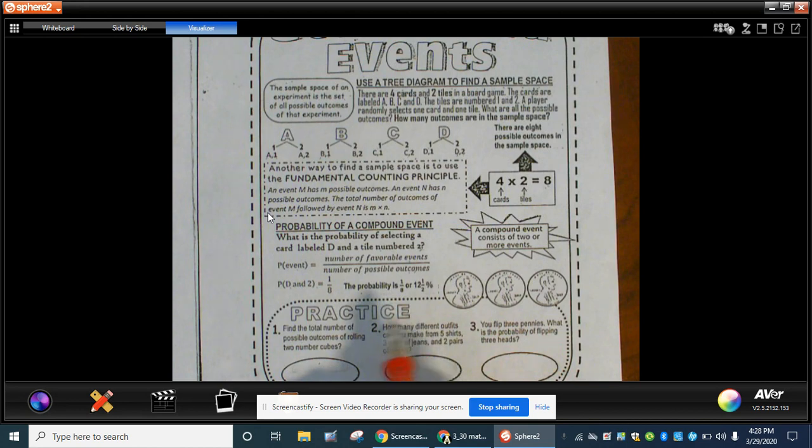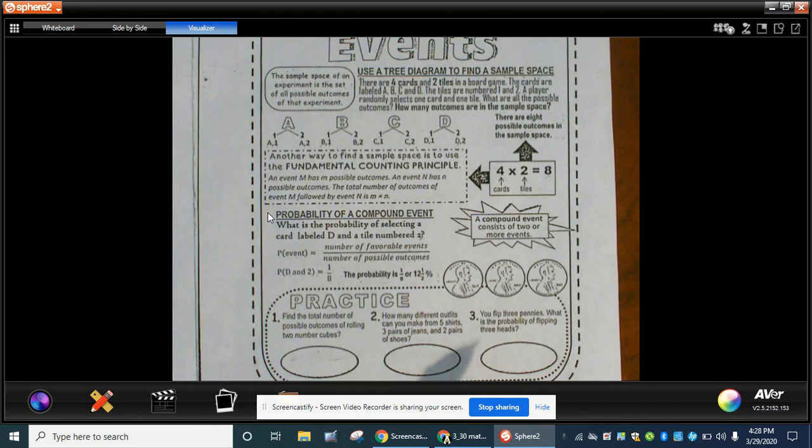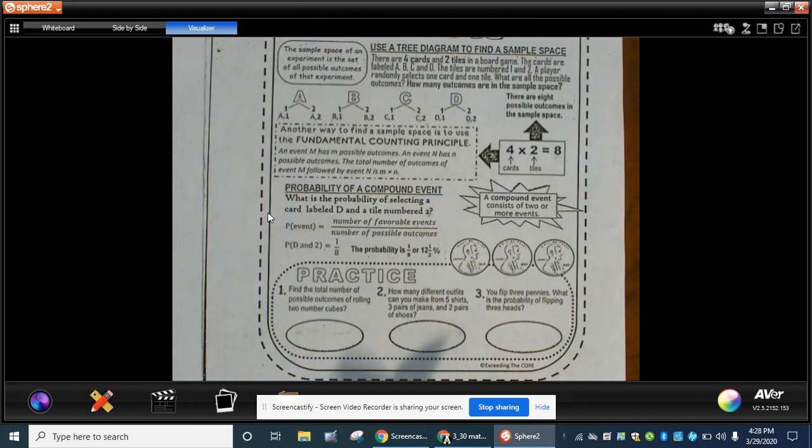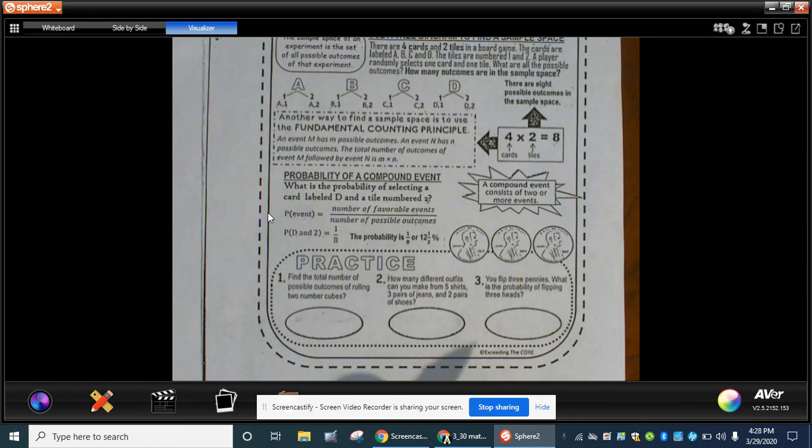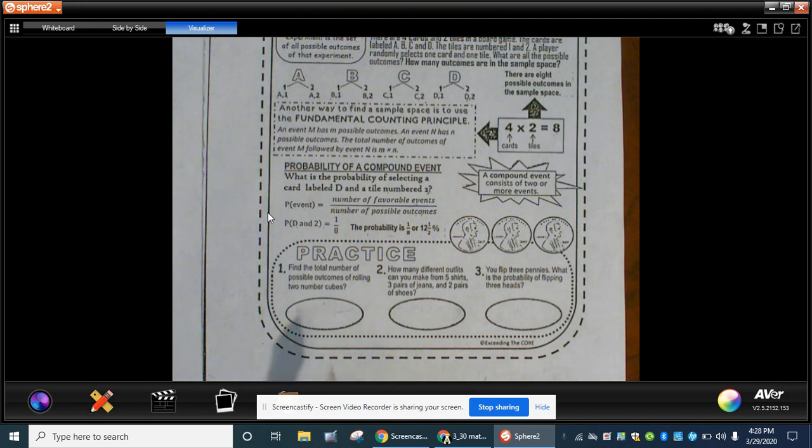Let's take that time now. We can draw a sample space or we can use the fundamental counting principle. I'm going to show you the fundamental counting principle for 1 and 2, and then I'm going to show you a sample space example for 3. So you have to find the total number of possible outcomes of rolling 2 number cubes.